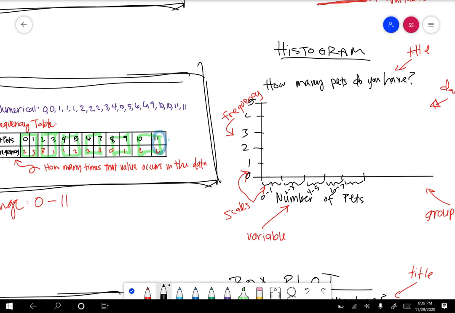You know what, just so we can read this better, I want to make sure you guys are totally clear on how to do this. So I'm going to rewrite the variable down here. Okay, that gives us a little more space.